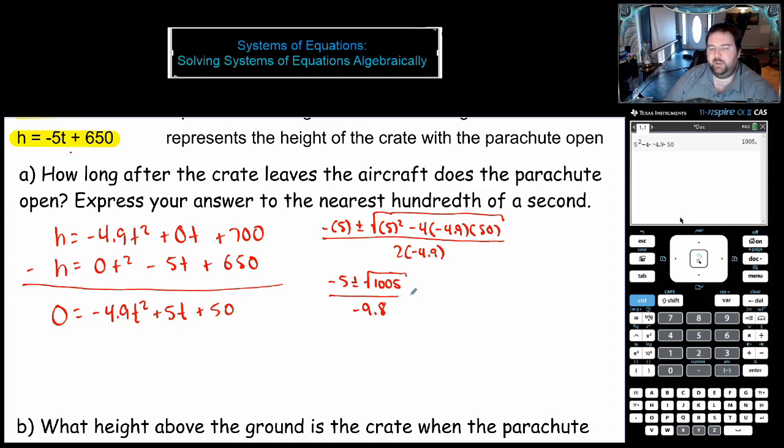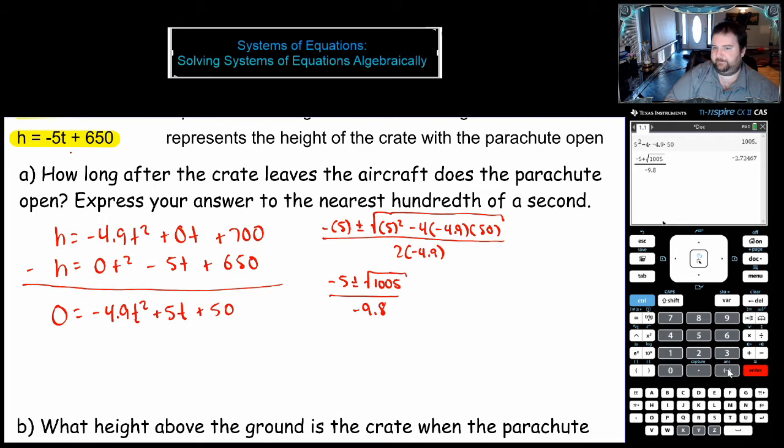All right. And now we can simplify as much as we can here. So we're going to do negative 5 plus the square root of 1,005, and we're going to divide that by negative 9.8.